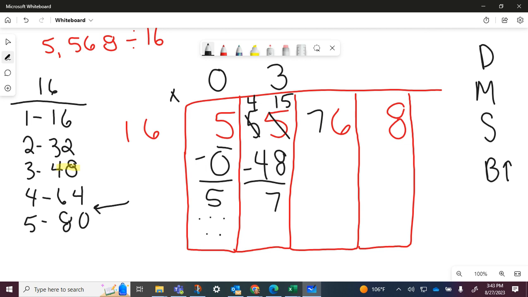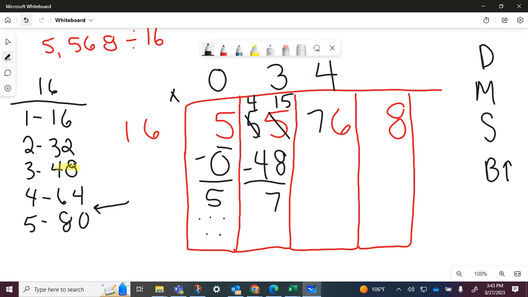So I have to stop at the 4 groups right here, and I can make 64. I can make 4 groups because that would be 64, and 64 is in 76, so I'm good. I can't make 5 because that'd be 80, and I don't have 80, so I got to stop at the 4. So again, divide, you put the number on the top, so I'm going to put my 4 groups here.